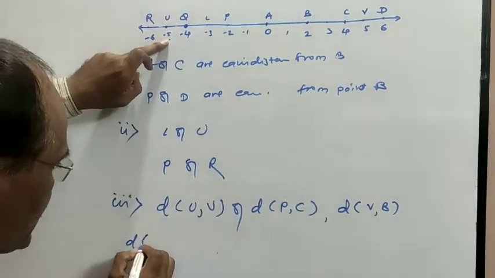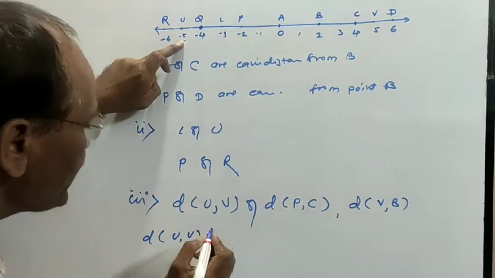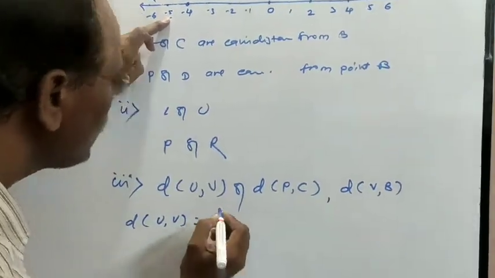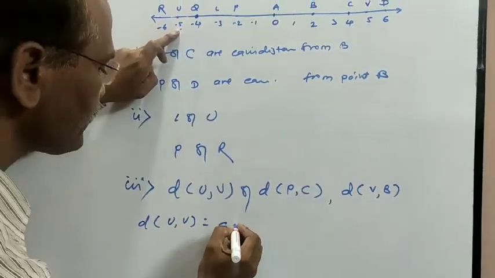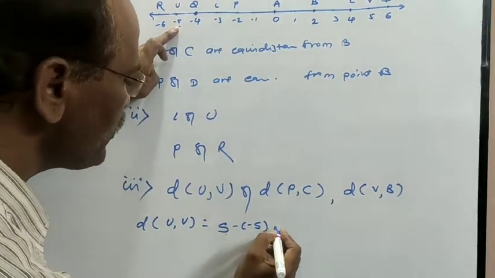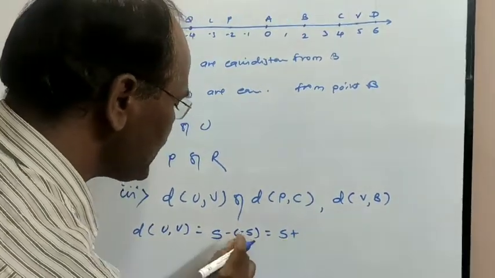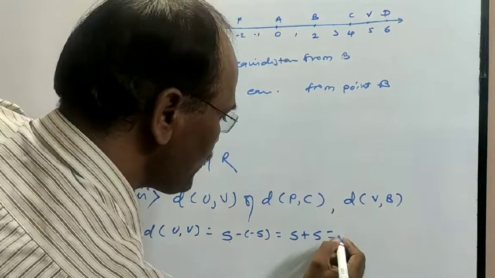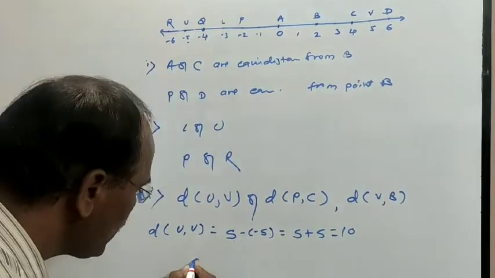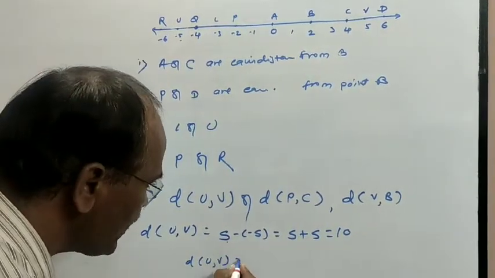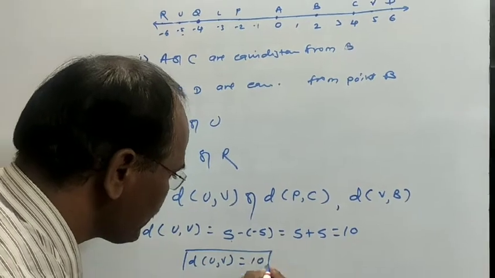Therefore, distance UV equals 5 minus -5, which means 5 plus 5, 10. Therefore, distance UV equals 10 units.